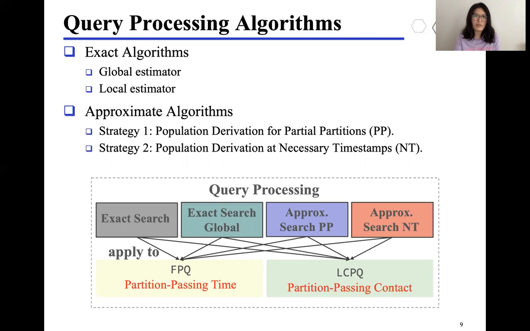And we also propose two approximate algorithms, which use some strategies to speed up query processing. One of them derives population for just a part of partitions, and another one derives population just at necessary time steps.